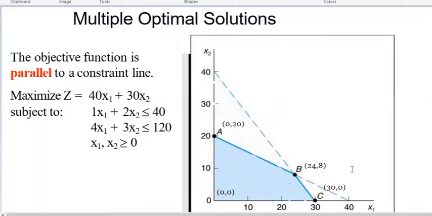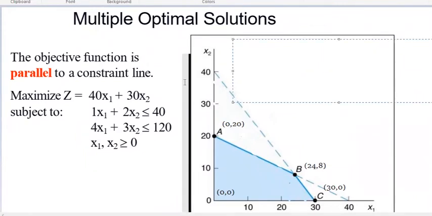Now I am going to substitute these corner points into the maximization function. What is the maximization function? The maximization function is z equal to 40x1 plus 30x2. The first corner point is A, (0, 20).